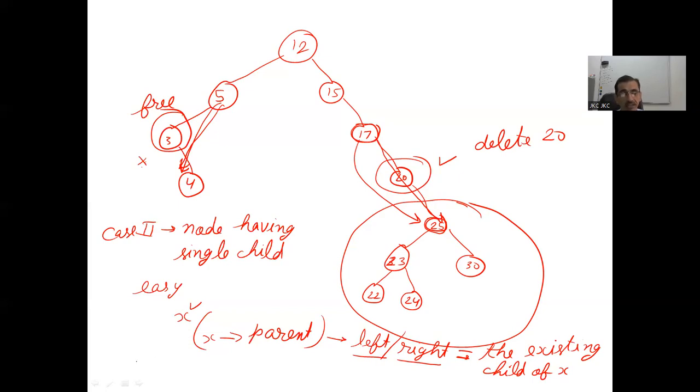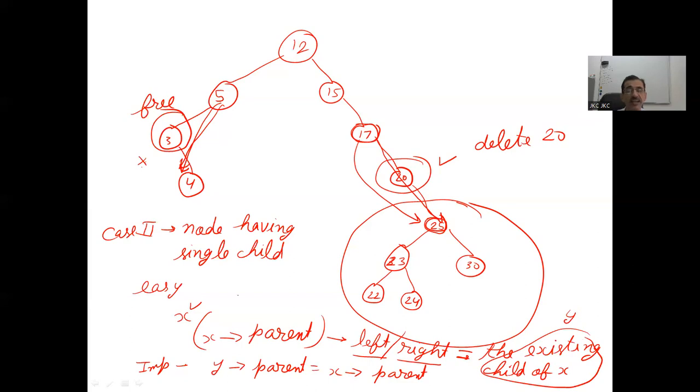Don't forget to connect this existing child. If I assume this is Y, then don't forget that Y's parent should also be updated, because Y's parent was earlier X. Now that should become X's parent.